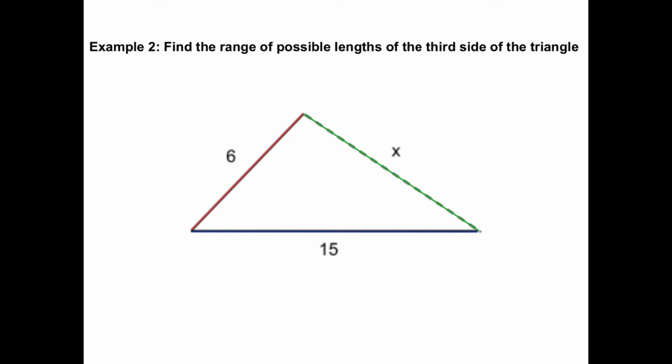For example, as pictured, it stays there and the x is however long that is. But what if the 6 is here? Well, then that affects my green side, that x side, to be shorter. Or again, we move the red line even closer to the 15, and that's going to make the green line shorter.